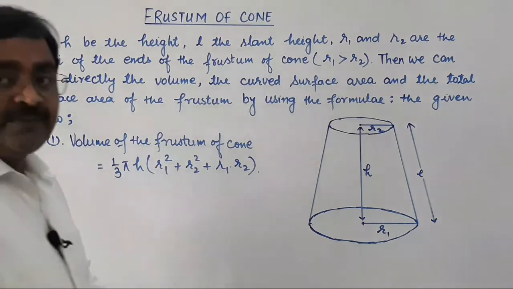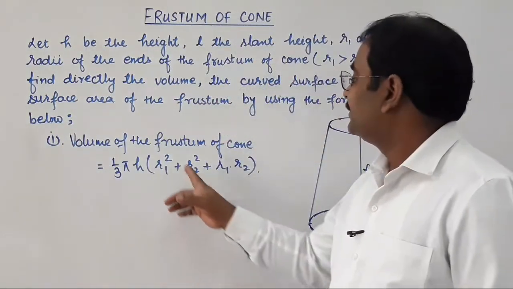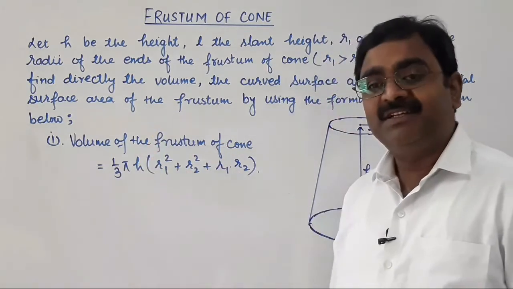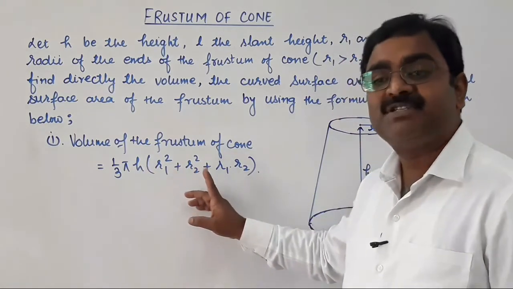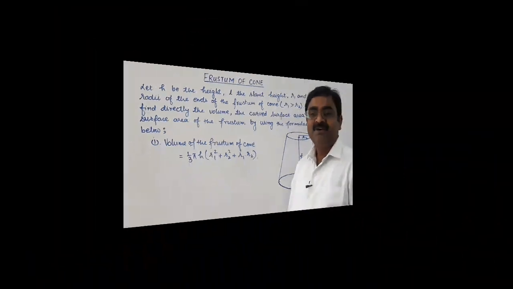So friends, with the help of this formula you can directly find the volume of the frustum of cone, which is equal to 1/3 pi h into (R1 square plus R2 square plus R1 into R2).